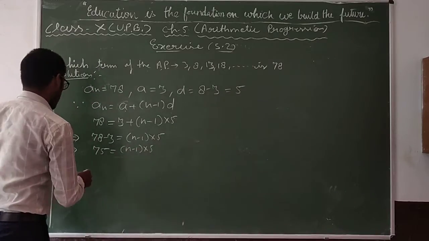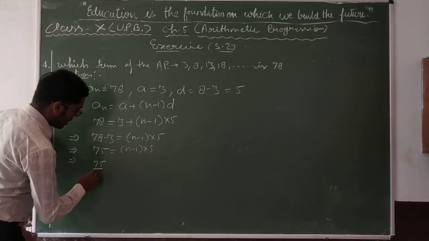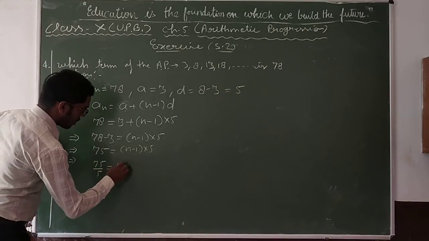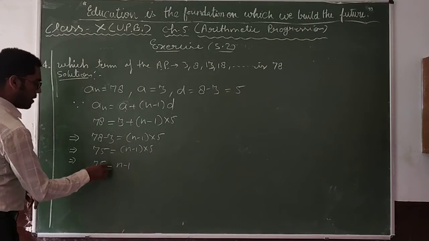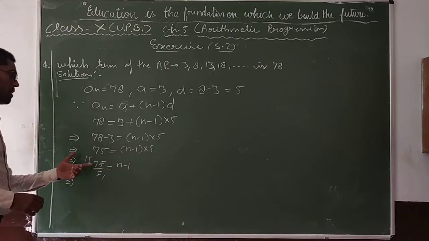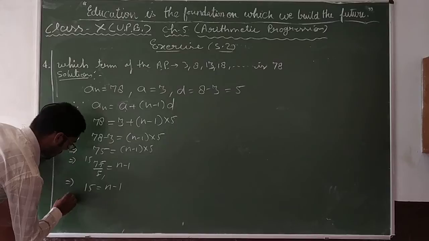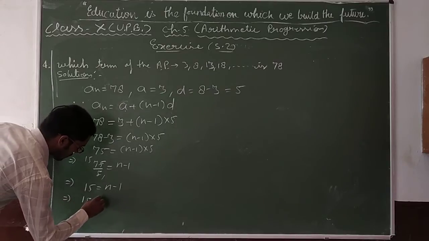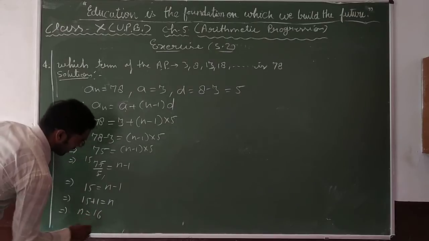Here 5 is the common multiplier of n minus 1, so it will be transferred to the denominator of the LHS. 75 upon 5 is equal to n minus 1. Now 5 fives are 25, it means 15 is equal to n minus 1, then 15 plus 1 is equal to n, then n is equal to 16.